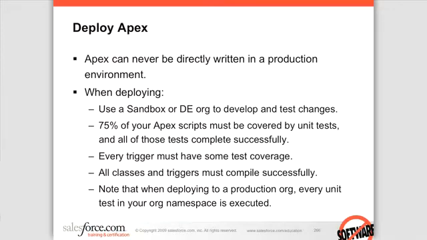It's at that point, when you're pushing it into the production environment, that we run the tests associated with the code, and your code in total must meet that 75% requirement. It's not for that specific class. If you're only deploying one class and one test class, it's a global or total number that we're executing.